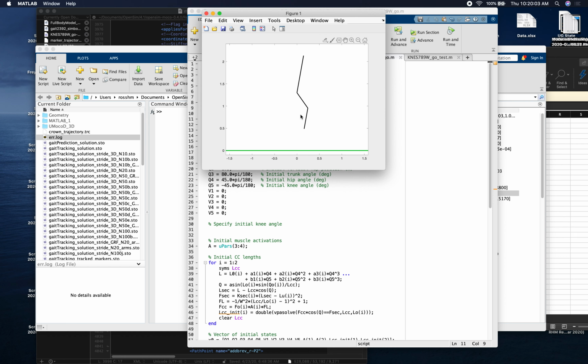And this will cause it to stand still in a squatted pose. Okay? So we need to specify an initial state here where the foot is directly underneath the center of mass and where the initial vertical ground reaction force is exactly equal to the model's body weight so that those balance to 0, and where the initial horizontal ground reaction force is 0. So there's no net force in the horizontal direction moving the model in the anterior-posterior direction.